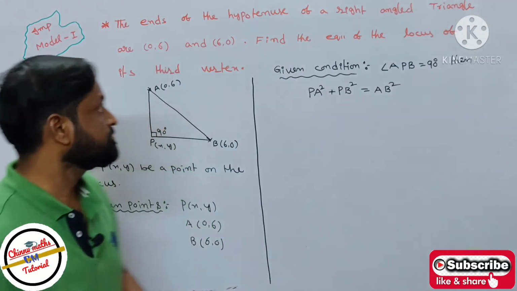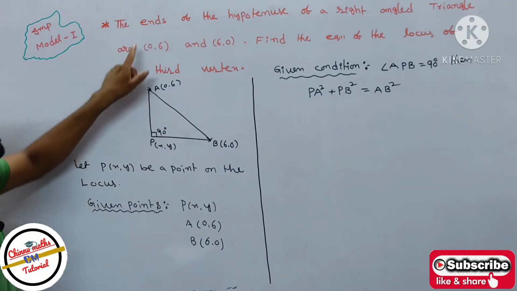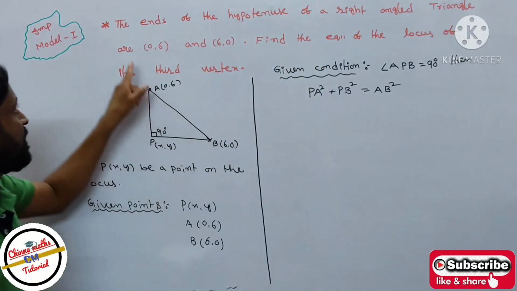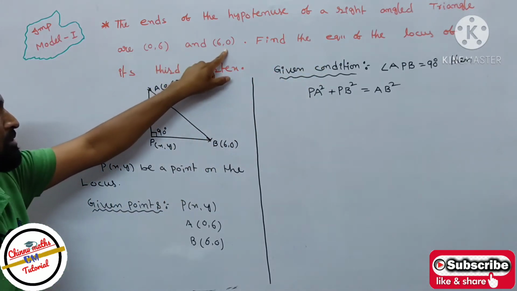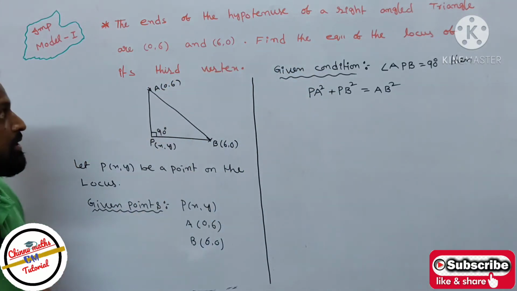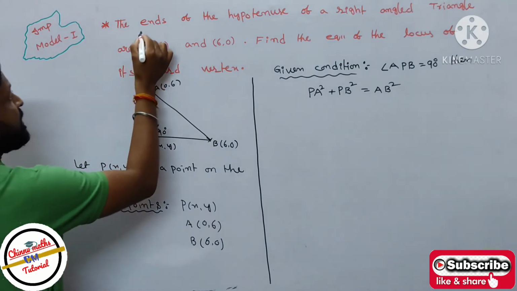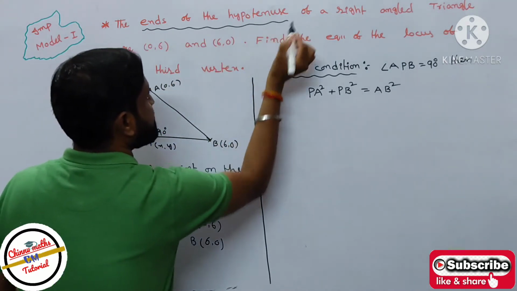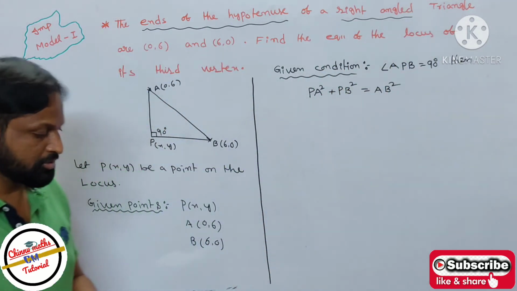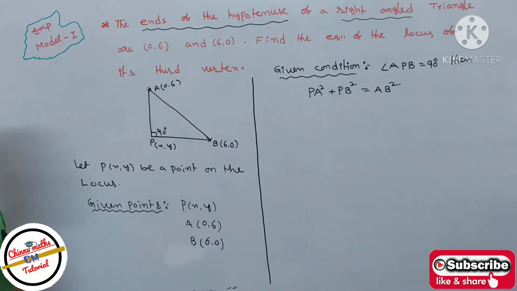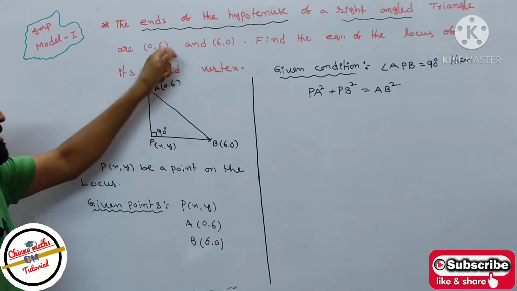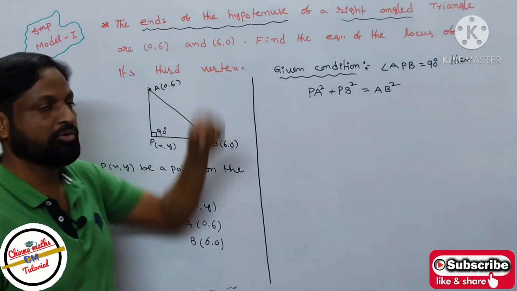Okay, next question. The same model. The ends of the hypotenuse of a right angle triangle are (0, 6) and (6, 0). Find the equation of the locus of its third vertex. See here, clearly given that ends of the hypotenuse of a right angle triangle. Again given that right angle. Right angle means we have to take the right angle triangle. Next (0, 6) and (6, 0) are given as the end points of the hypotenuse.